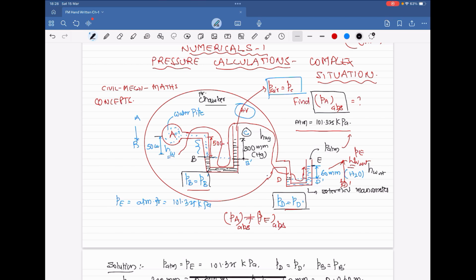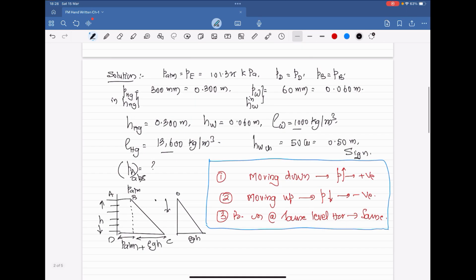Here you see you started your journey at A, went to B, then you went to C, then you went to D, then you went to E, where PE is known.